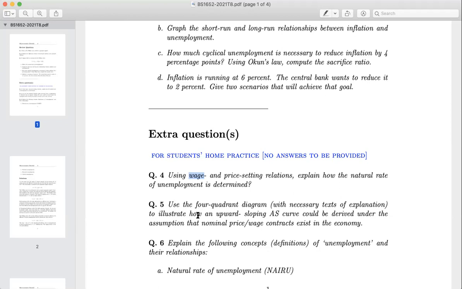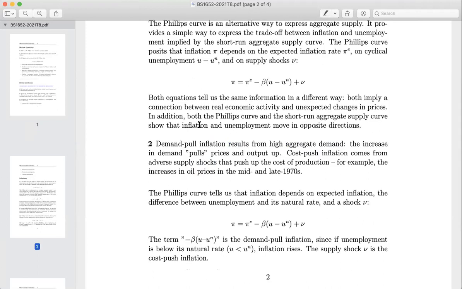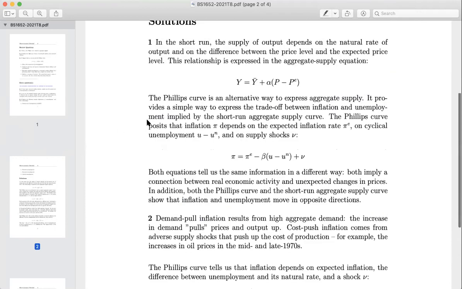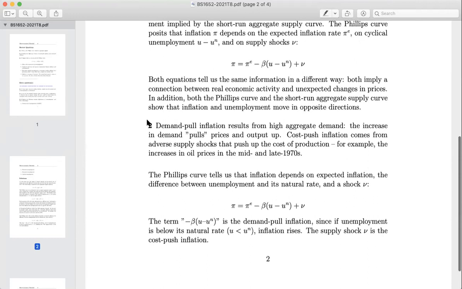Then the remaining question, question 6, is about some basic concepts: structural unemployment, frictional unemployment, and cyclical unemployment. Just very straightforward definitions. So I will stop at this point.